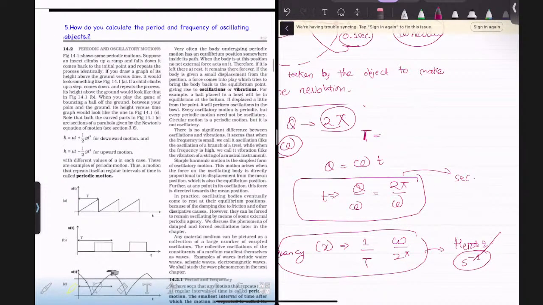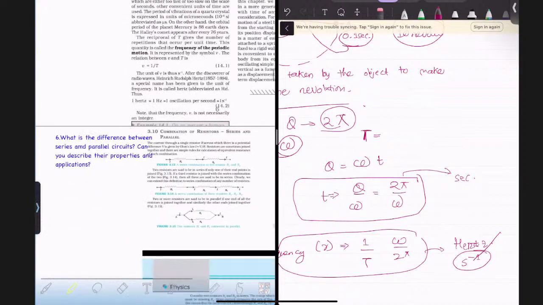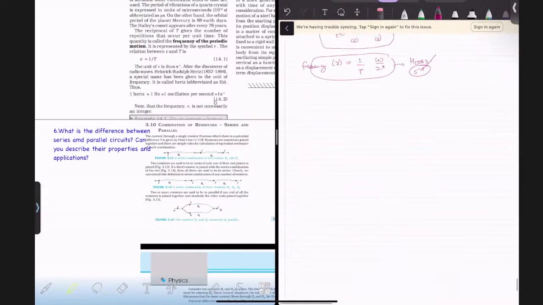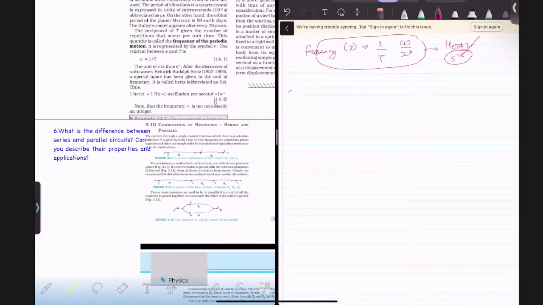ओके, सो मूविंग टू द नेक्स्ट क्वेश्चन. What is the difference between series and the parallel circuit, and can you describe its properties and application? Okay, so series और parallel circuit.